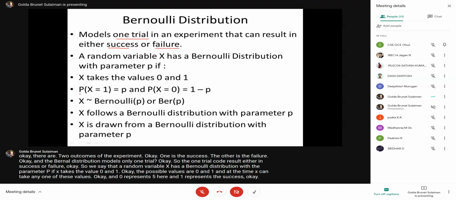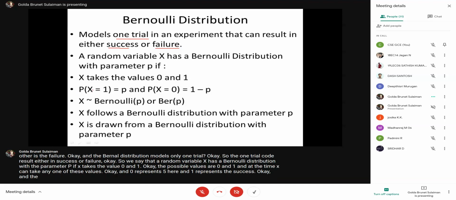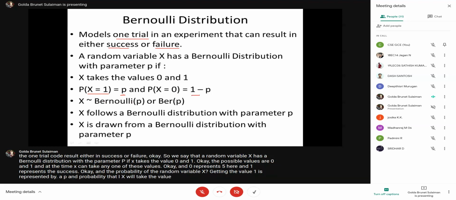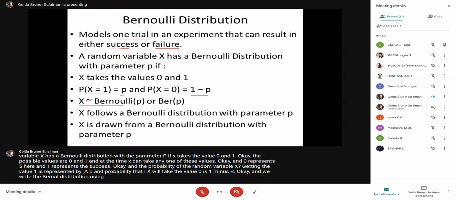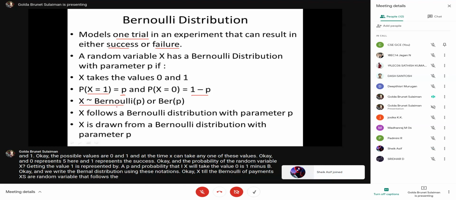And the probability of the random variable x getting the value 1 is represented by p, and the probability that x will take the value 0 is 1 minus p. And we write the Bernoulli distribution using these notations. x tilde Bernoulli of p means x is a random variable that follows the Bernoulli distribution with parameter p.